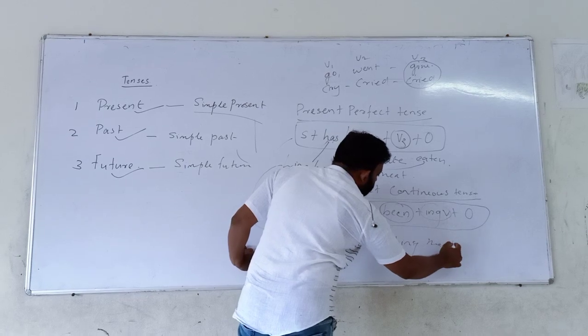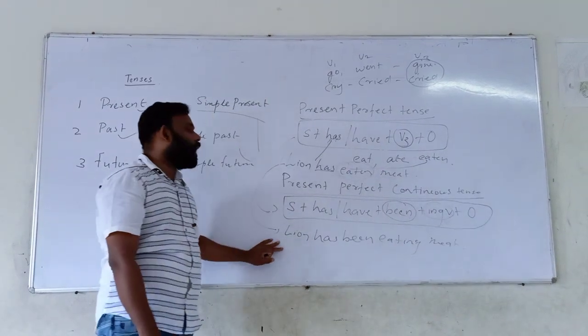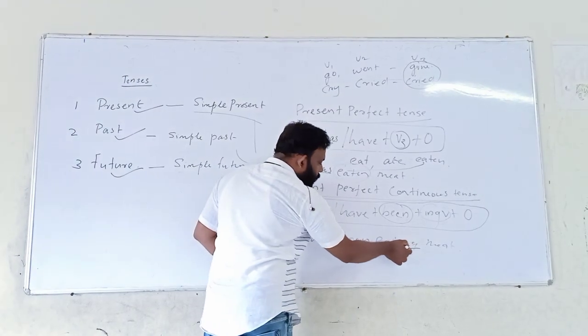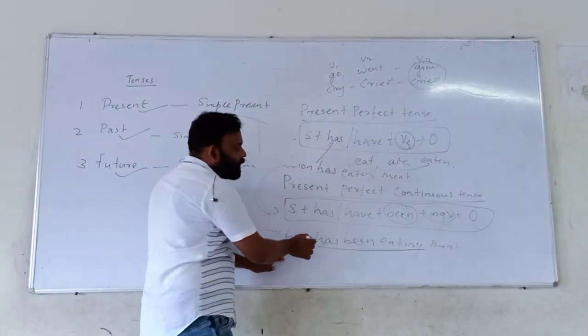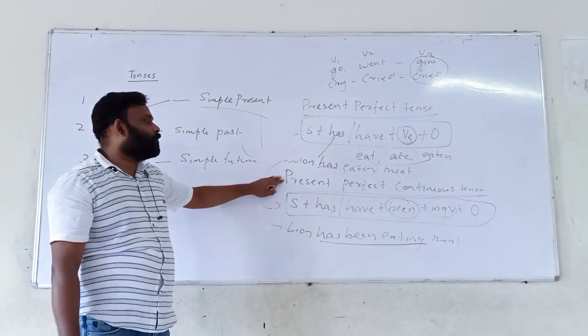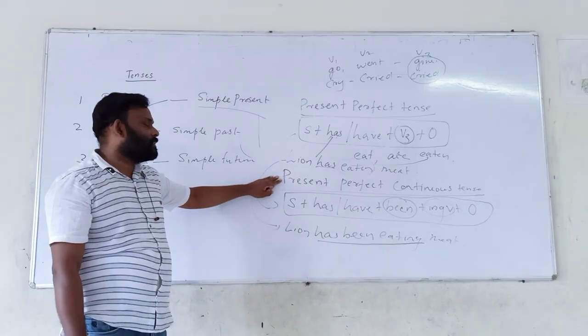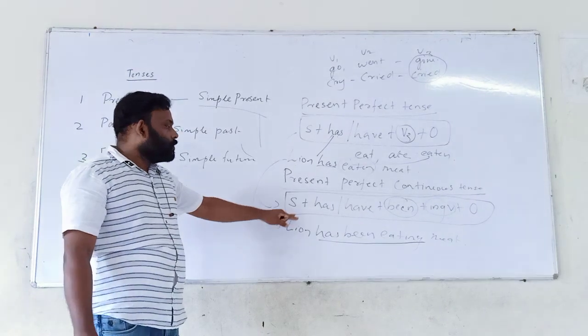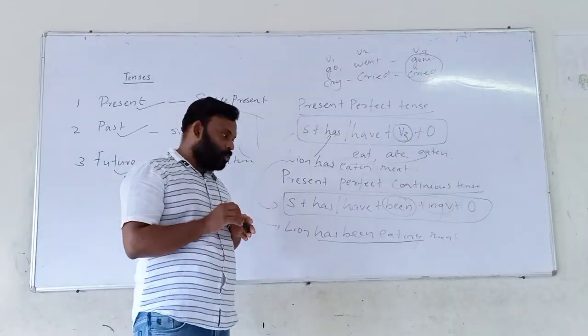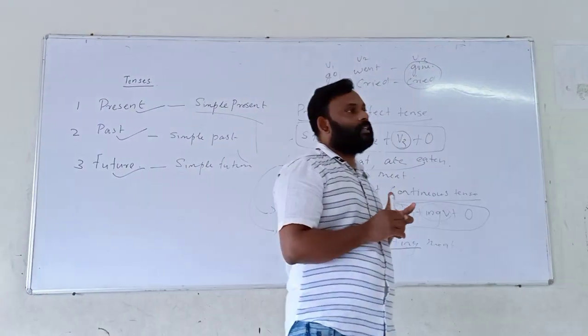Eating meat. So lion has been eating meat. Here, when you pick out the verb, you have to pick out this: has been eating is the verb here, and the tense is present perfect continuous tense. And now we'll explain when we should use present perfect continuous tense.